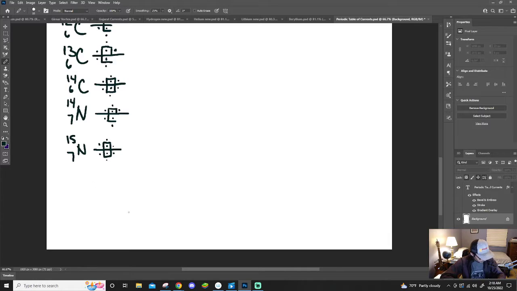Okay, and then we go another proton up to oxygen, and look at that.